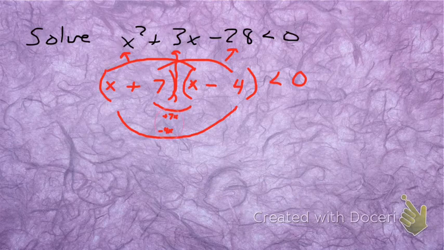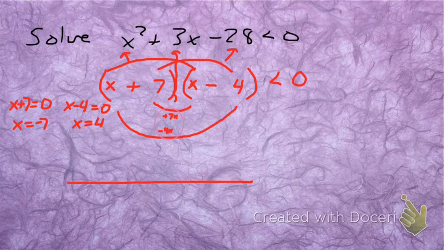I separate those out and set them equal to 0. And those are my critical points on my number line. Negative 7, positive 4. Find 0 on the number line. Open circles this time, remember, because it's just less than. Test 0.